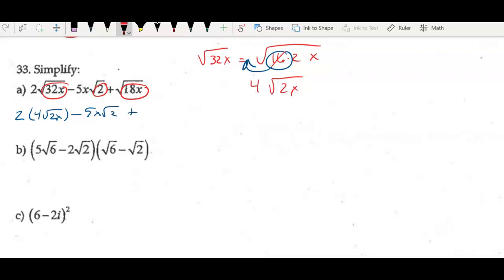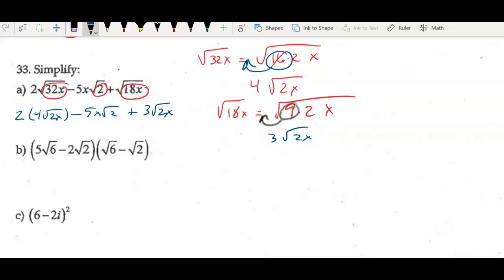Now, 18. Isn't that 9 times 2? The 9 will come out as a 3 radical 2x. All right, don't forget this first one had a 2 out front, so 2 times 4 becomes 8 radical 2x minus 5x radical 2 plus 3 radical 2x.